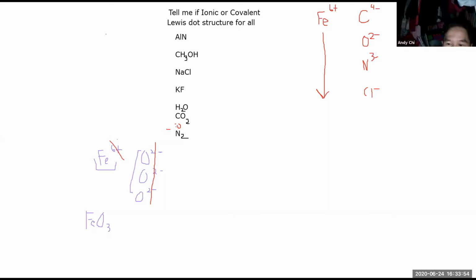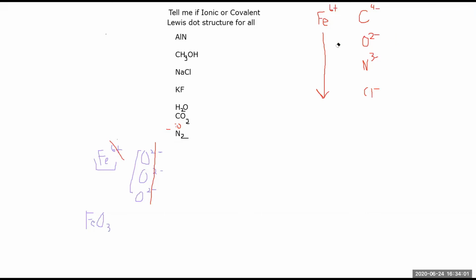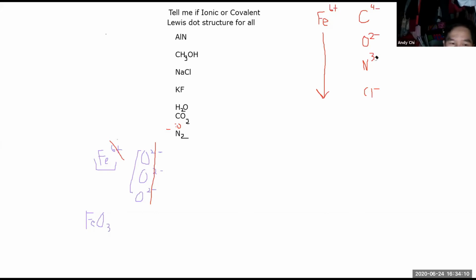Okay, group 2. You guys are going to get Fe 6+ and N3-. O3. So the final answer is FeO3. That's correct. Okay, who's going to be my volunteer? Or do I have to volunteer somebody in that group?